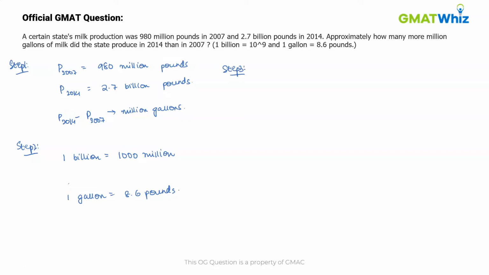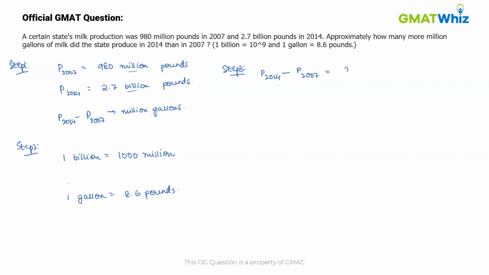Now, we first calculate the difference of the production in 2014 and the production in 2007. The production in 2014 is given in billions, whereas the production in 2007 is given in million. However, we know that 1 billion is equal to 1000 million.